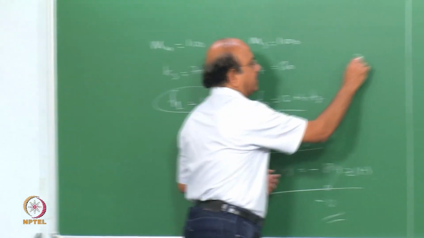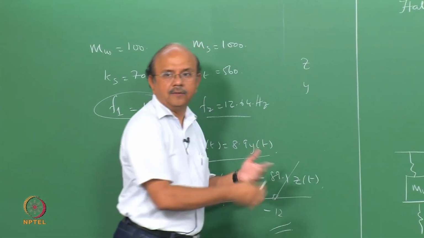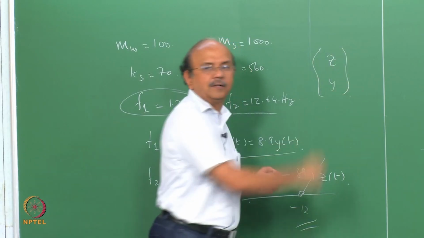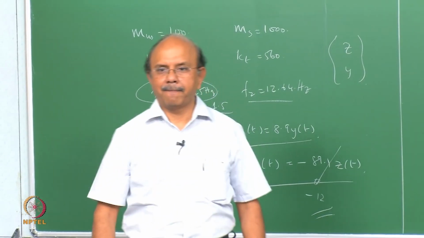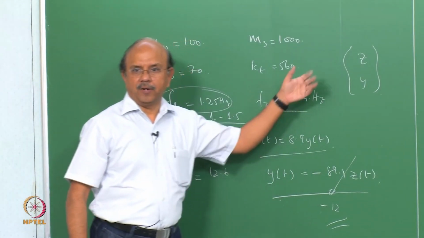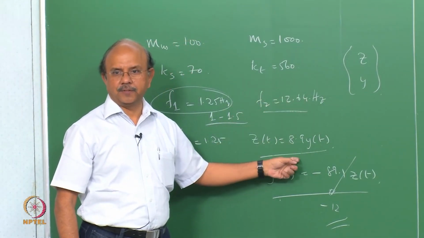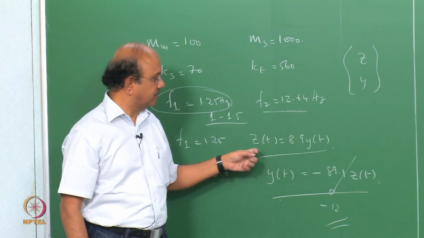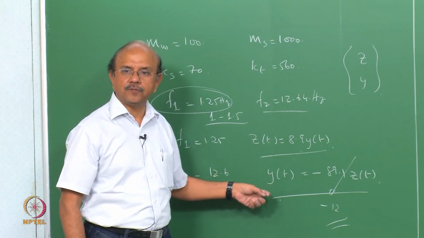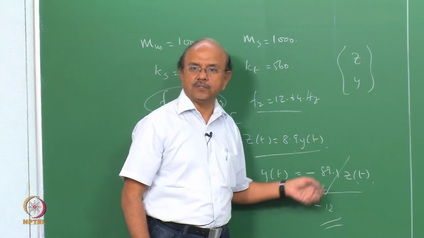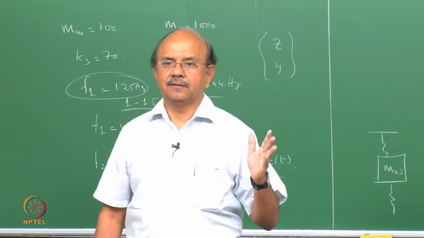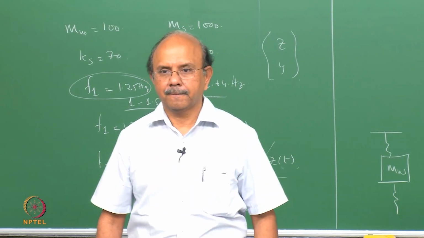So you would say z, y, or z, theta, and so on, as a vector for a particular frequency, say omega 1. I am expressing that as a ratio, z by y, normalizing it. If z happens to be 1, y is this, and if y happens to be 1, z is this, and so on. So it is just a ratio I am expressing, what we call the mode shapes.